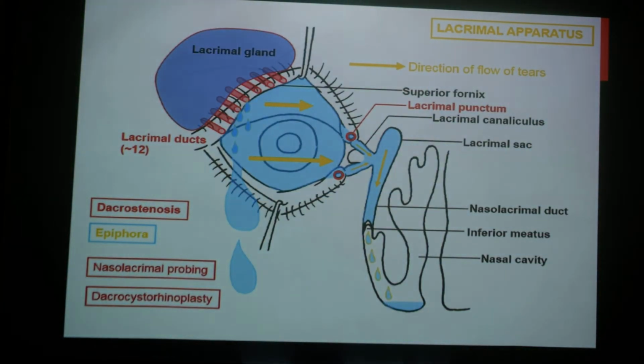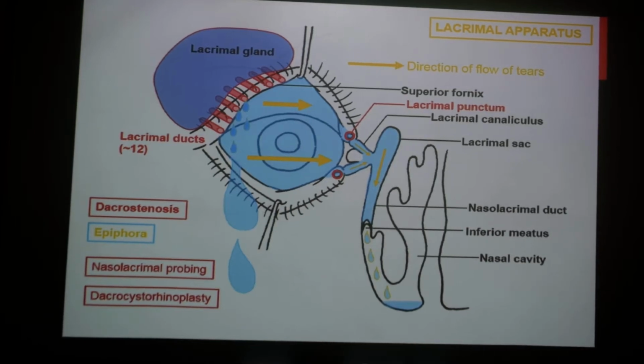Epiphora is whenever the tear film goes over the lid margins, over your cheek, because of the obstruction. The term is called epiphora. It is just overfilling of the tears over your lid margins because of the obstruction, not because of crying.